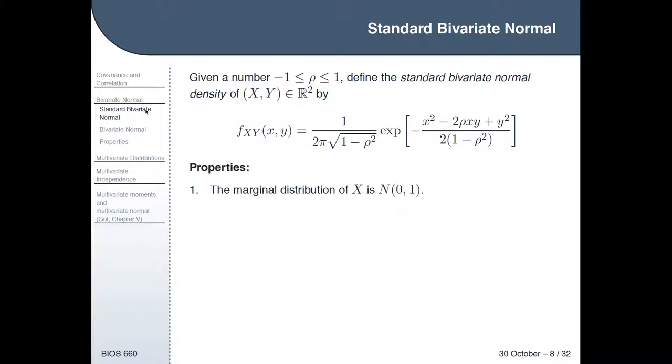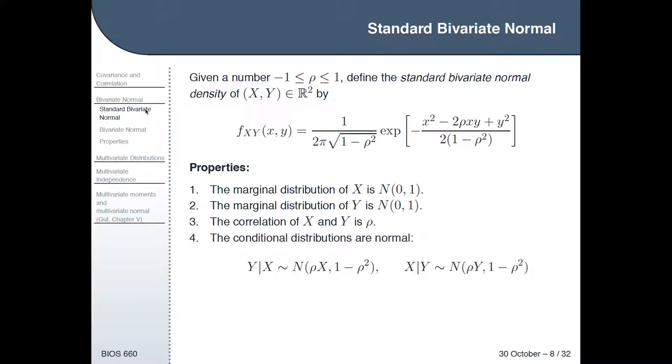And if you want to do some funky integrals and things like that, then you can show the marginal distribution of x is normal 0, 1, as is the marginal distribution of y, and the correlation of x and y is rho. And the conditional distribution is also kind of annoying to calculate.